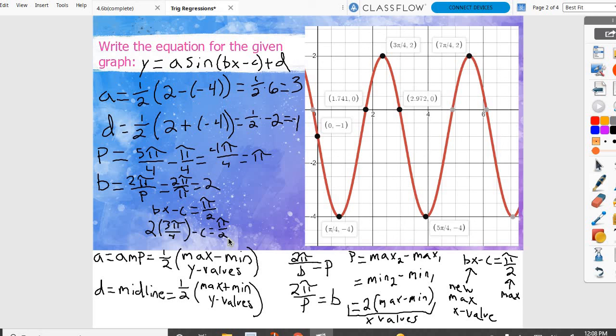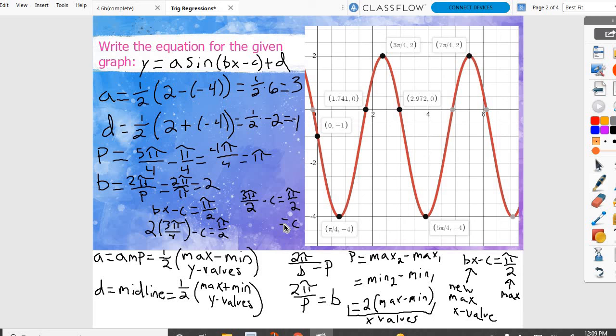Yeah. What is 2 times 3 pi over 4? 6 pi over 4, which is the same thing as 3 pi over 2. Right, so then we could add c to the other side, and then we would subtract pi over 2.